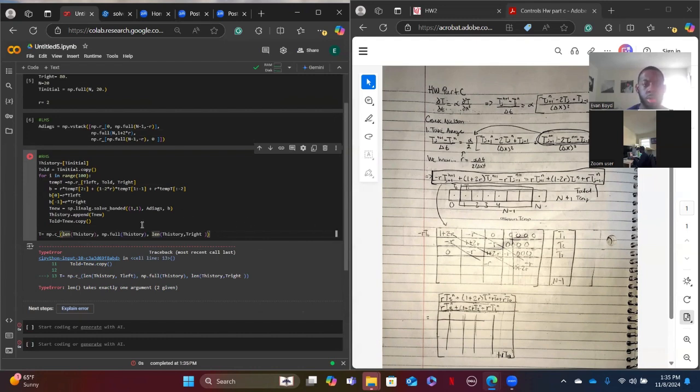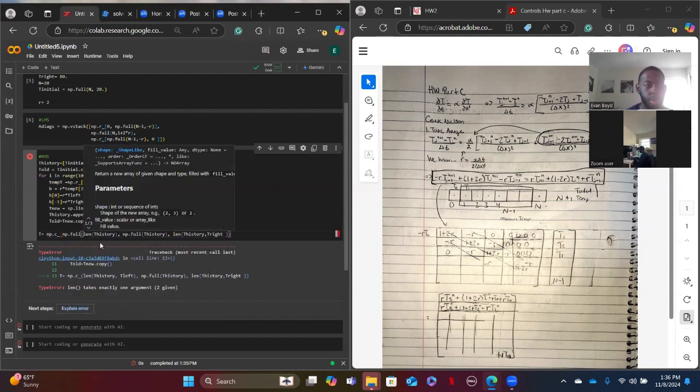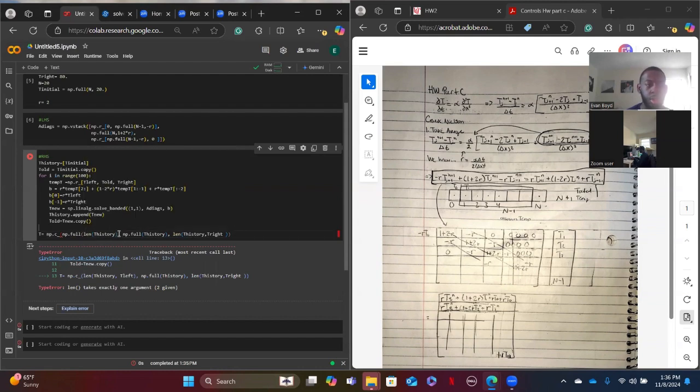Let me see what this is for the last one. Okay, so I was on the right path. I was in the right mindset. This would be NP full here, and the size would be the length of the history, and then the next statement for the full would be your T left.